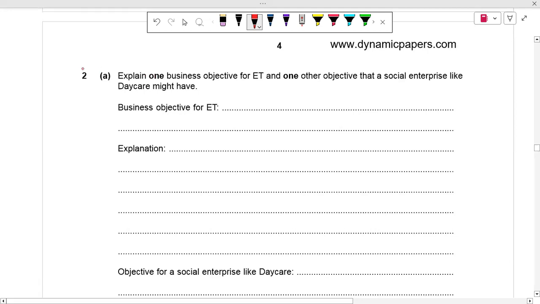Okay, so in question number 2, explain one business objective for ET and one other objective that a social enterprise like daycare might have. So the business objective would be, because it's a very new business, survival, maybe.